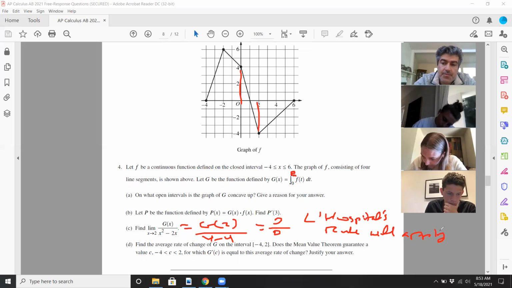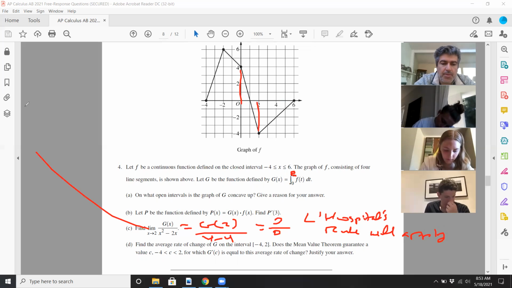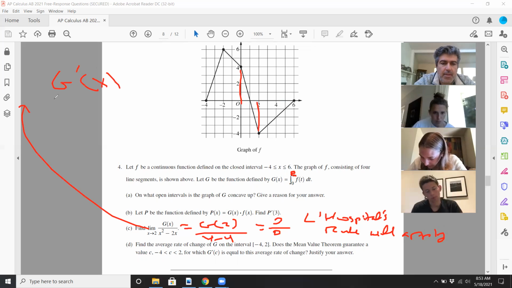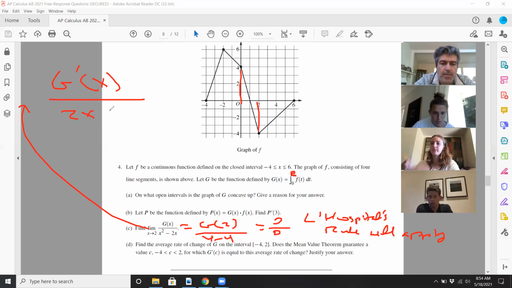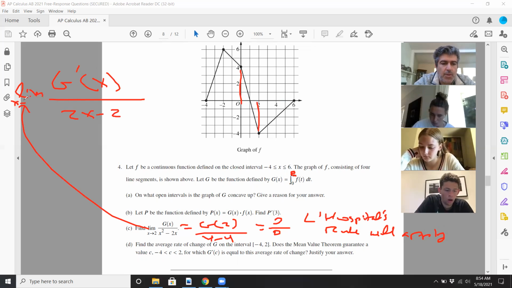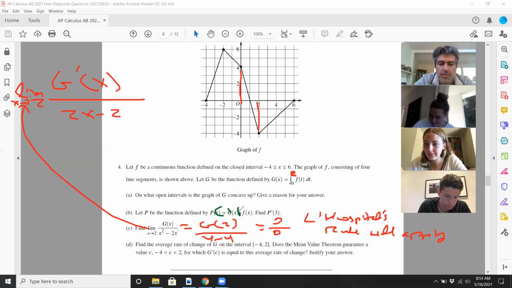So let's do it. Do L'Hopital's rule. You gotta do G prime of x over 2x minus 2. And you still have to write the limit, by the way, or you'll lose that point. So my guess is they'll give you a point for doing this part, and a point for doing this.